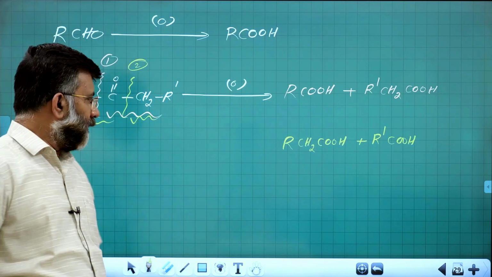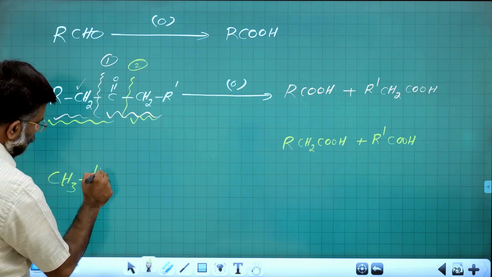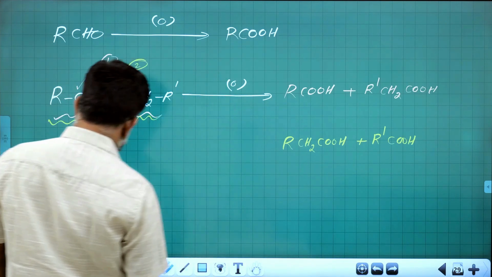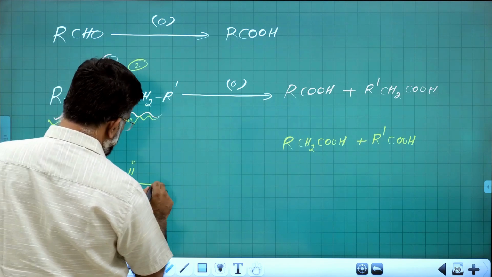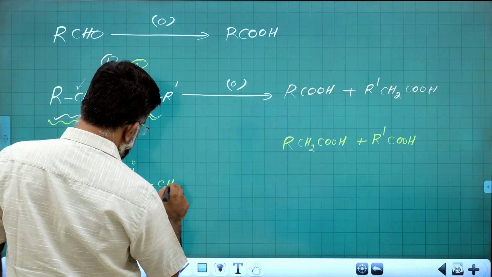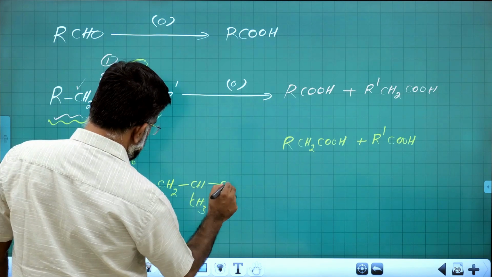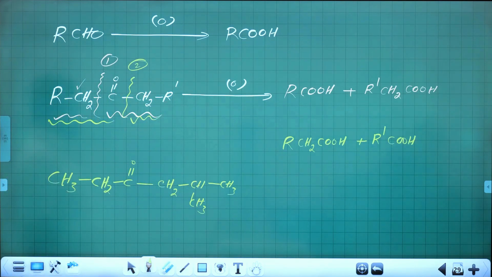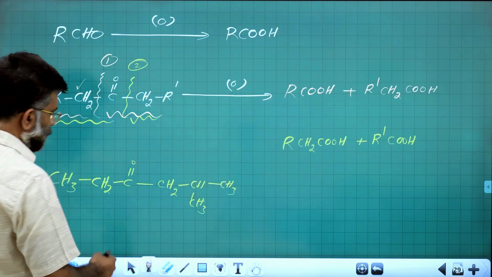For example, if you are taking CH3CH2COCH2CH(CH3)CH3, just imagine this is what you take as a ketone, which is an unsymmetric ketone. What all possibilities are possible?